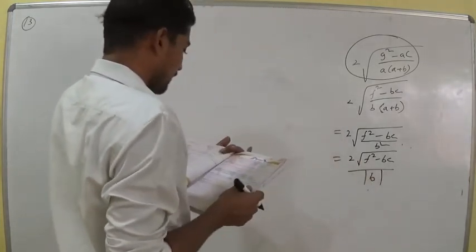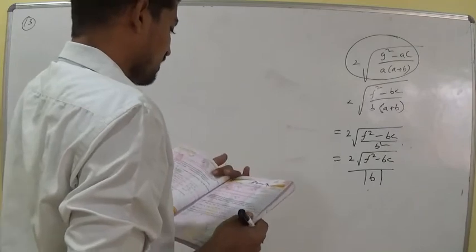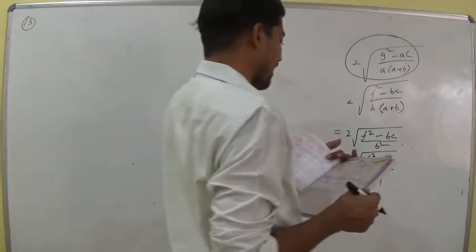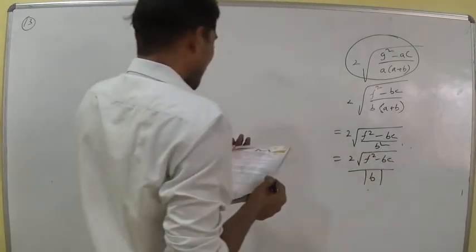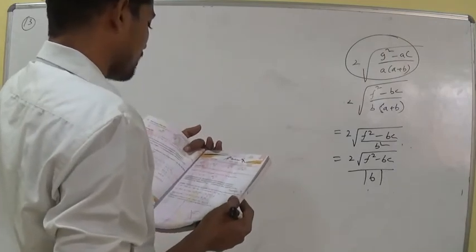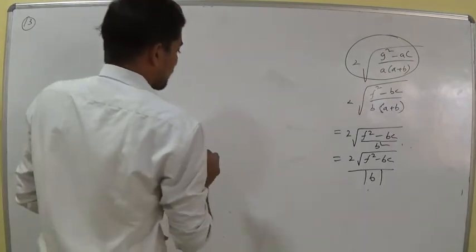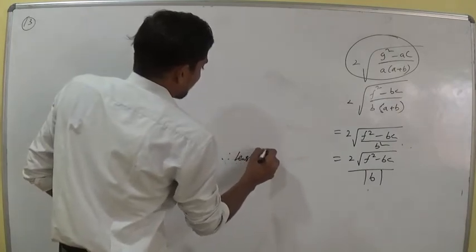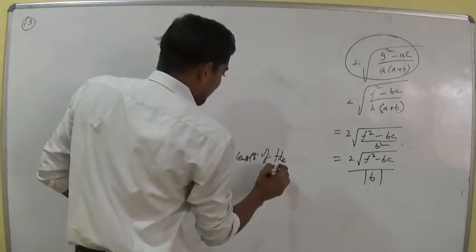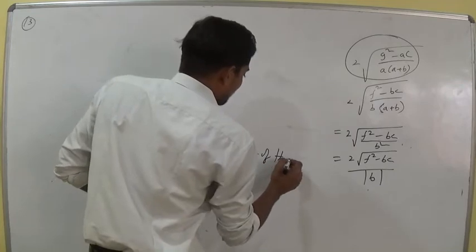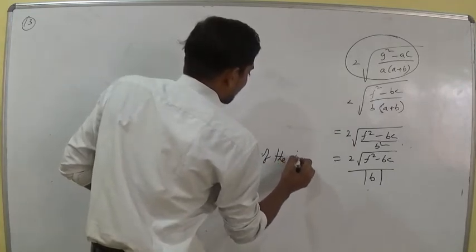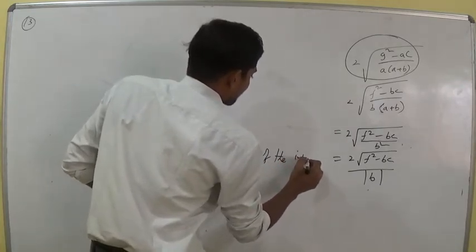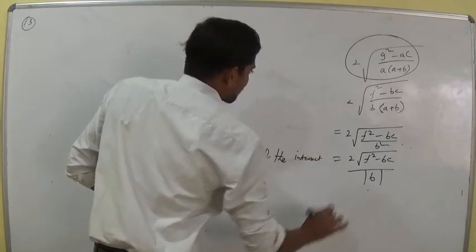Now 14th one. Length of the intercept cut by a pair of lines on the y-axis is the length of the intercept.